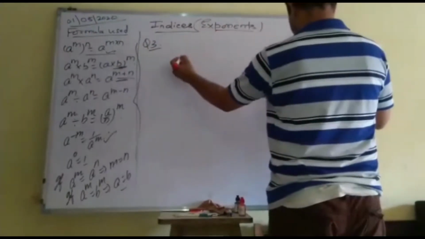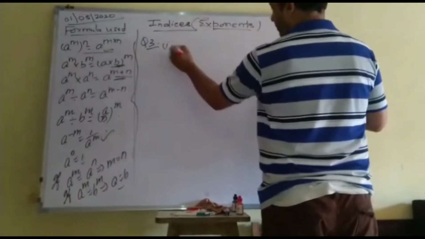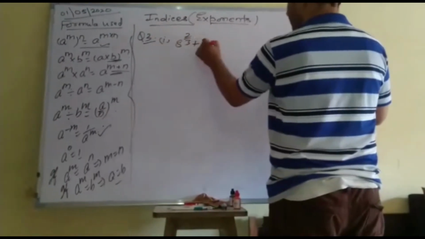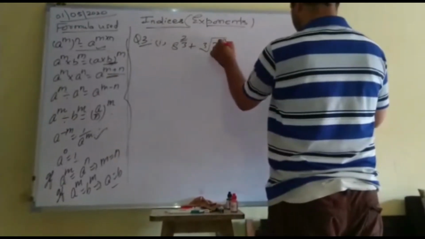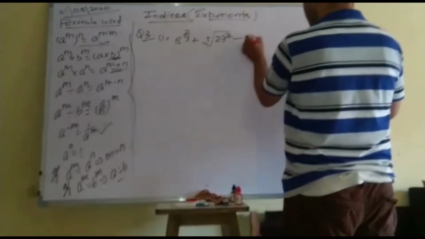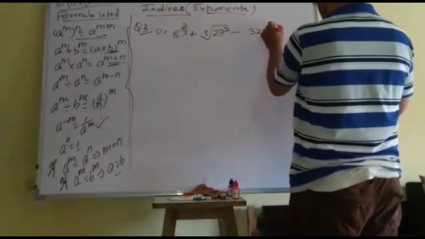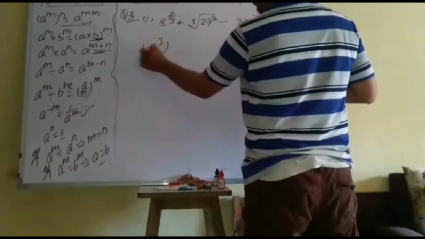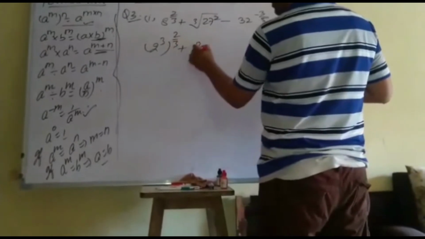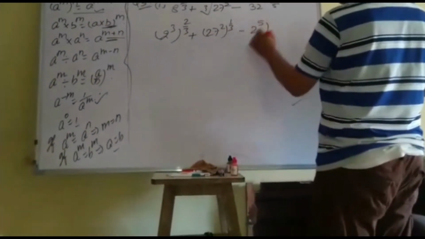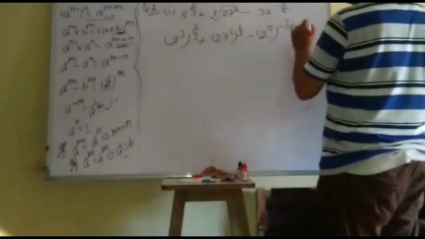So look here, first I am just going to simplify an easy question. 8 raised to power 2 by 3 plus cube root of 27 square, minus 32 raised to power minus 3 upon 5. So it is 2 cube raised to 2 by 3 plus 27 square raised to 1 by 3 minus 2 raised to power 5 into minus 3 by 5.